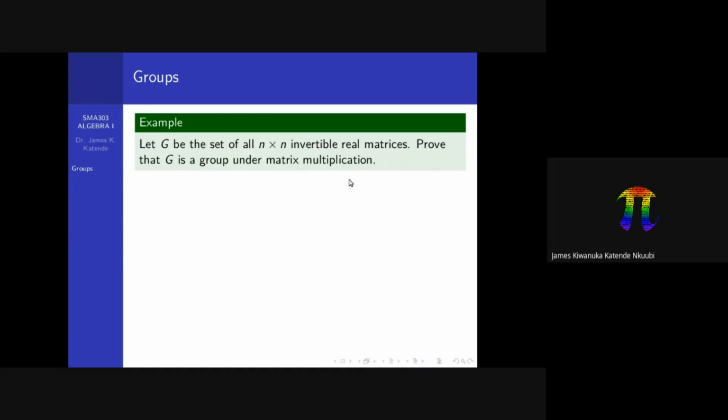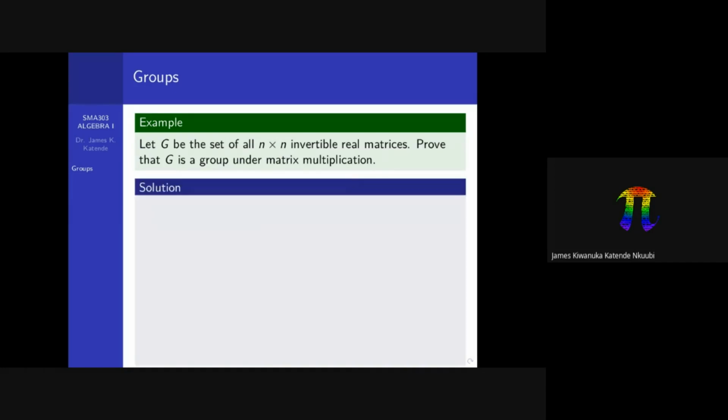So let's see. We need to check that it is closed. So if you pick any two elements, two matrices in this case, A and B in the set, then their product will also be in the set.